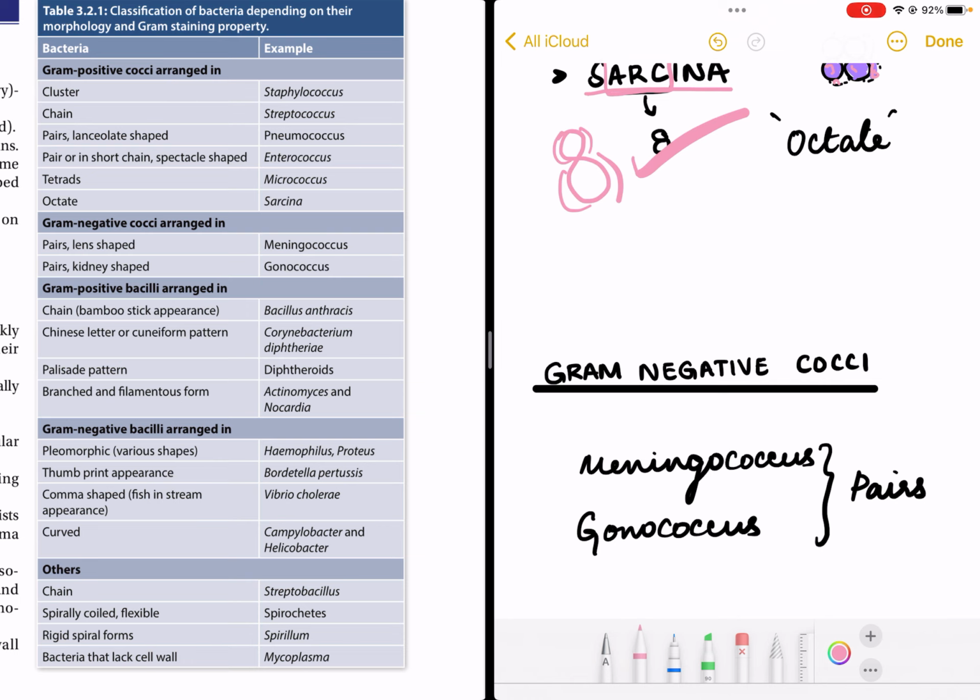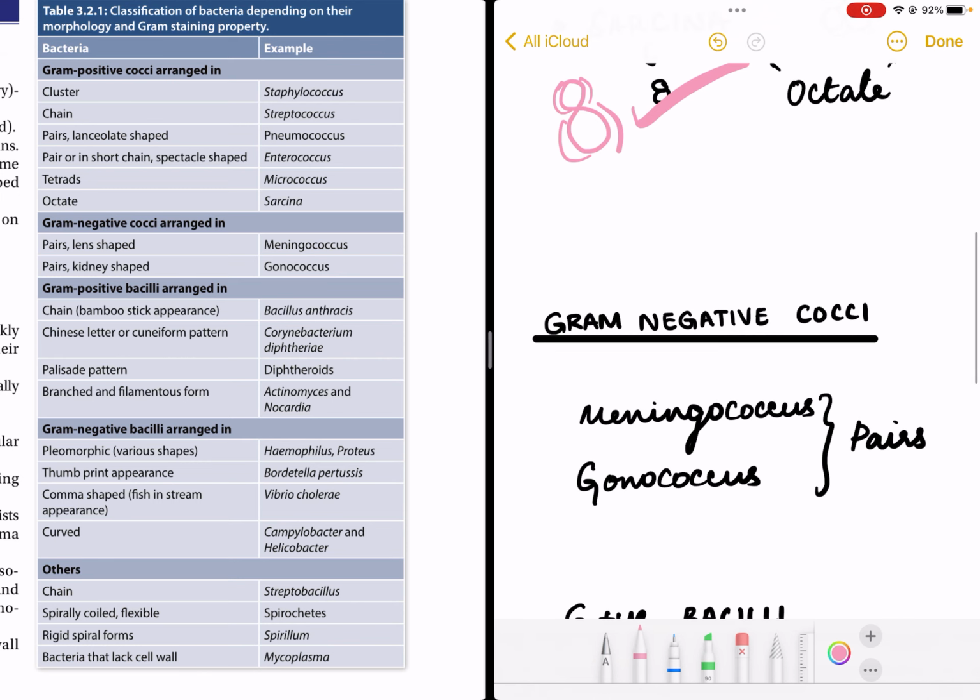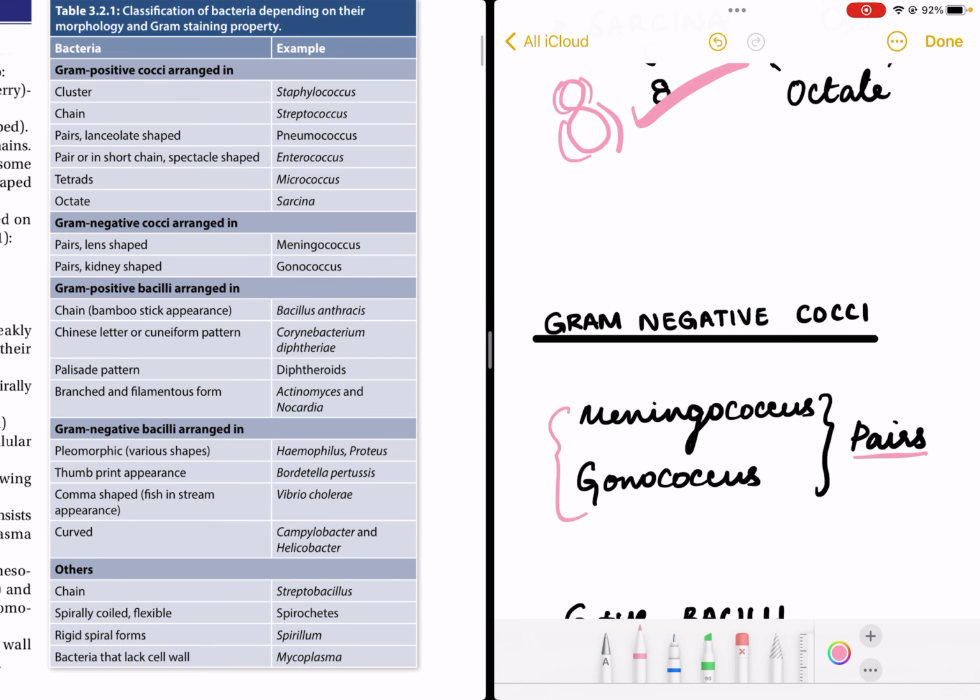Moving on to gram-negative cocci. In gram-negative cocci, we have meningococcus and gonococcus. Both are arranged in pairs, but the shape of meningococcus is lens. How do you remember it? You know that the meninges, which are located in the brain, are close to the eyes, right? And eyes have lens.